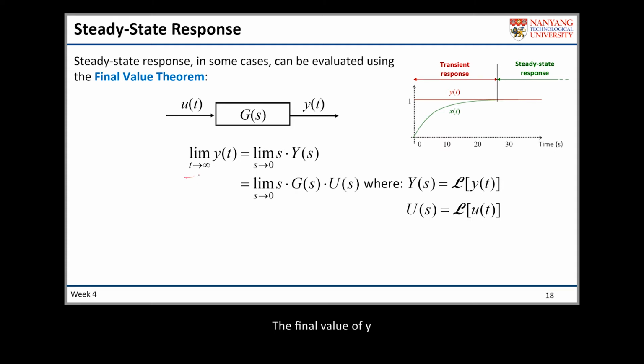The final value of Y, or the value of y when time approaches infinity, will be equal to the limit as s goes to 0 of s times the Laplace of Y(s). We have already discussed this. But from the system, you know that Y(s) is equal to G(s) times U(s), right? So you can evaluate the steady state response by using this expression: limit s to 0 of s times G times U.